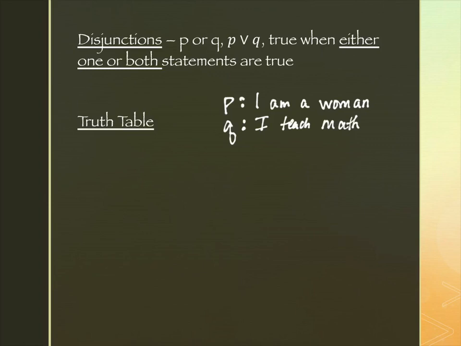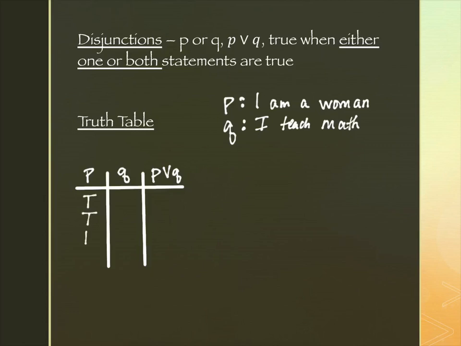And the truth table starts out in much the same way. I have two columns that are my individual P and Q. I have a third column that's the connective with the or, P or Q, right, my disjunction. My P column will always look, when I have two statements, as true, true, false, false. And my Q column will always go and oscillate: true, false, true, false.